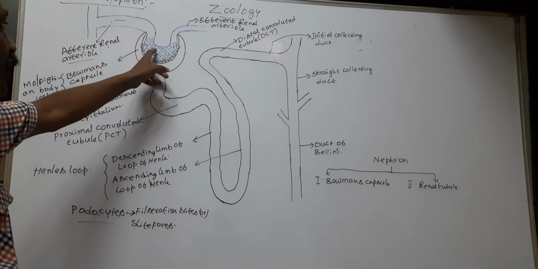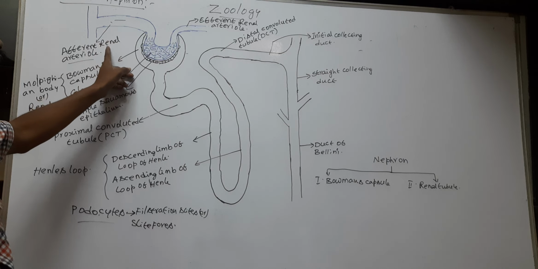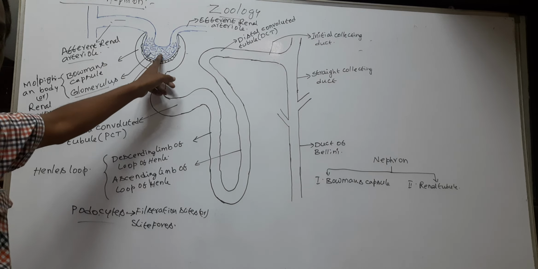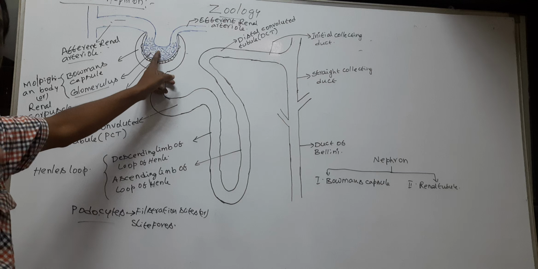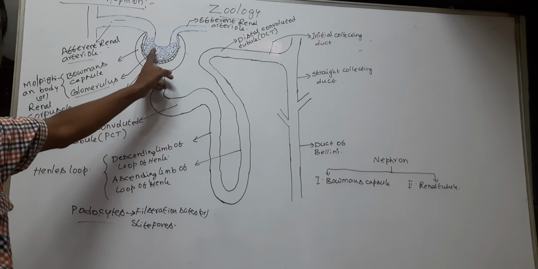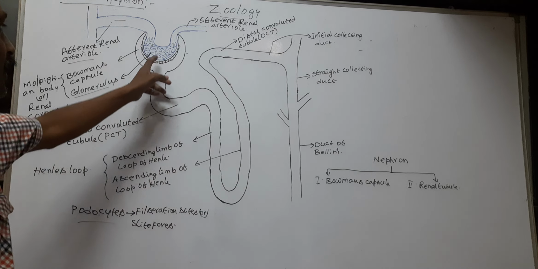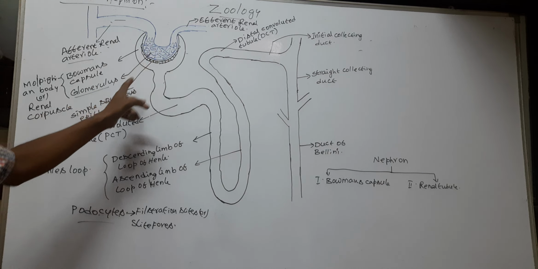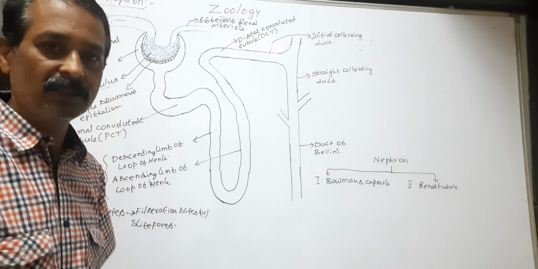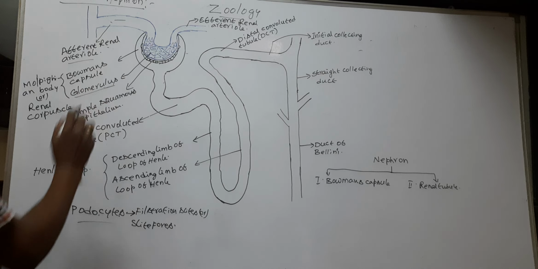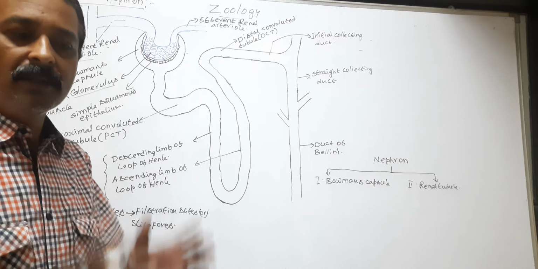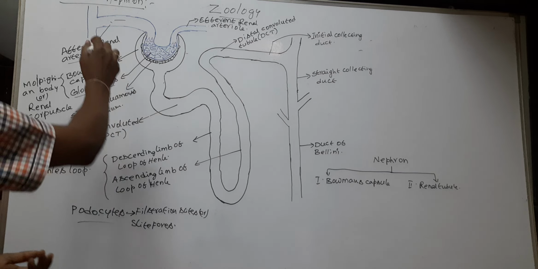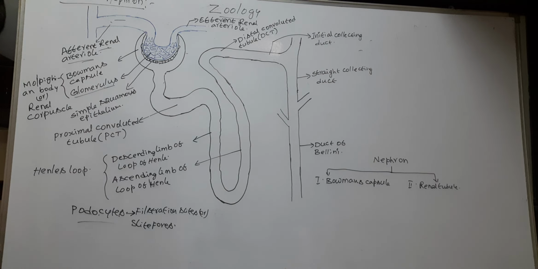So glomerulus is a bunch or net of blood capillaries formed by afferent renal arteriole.